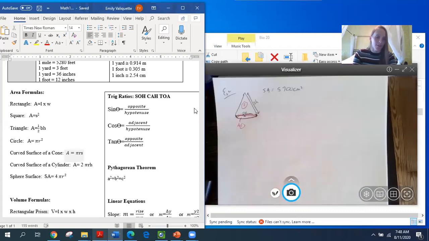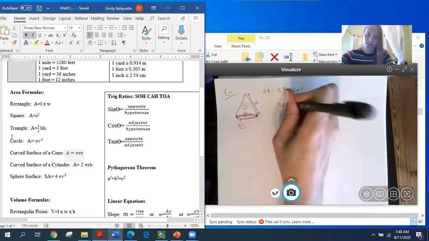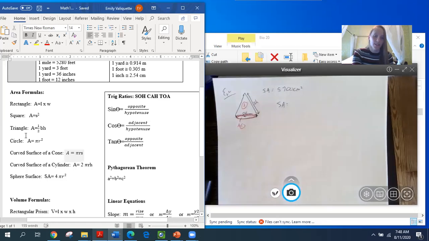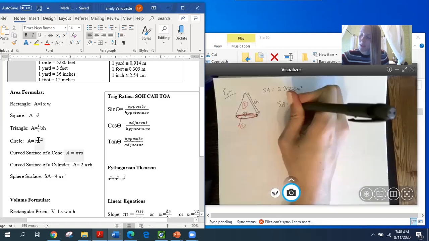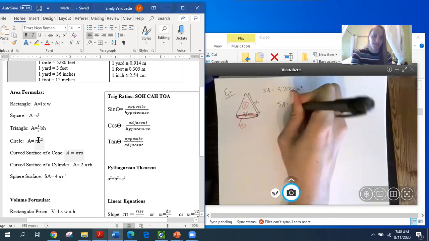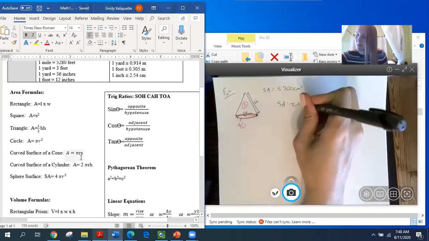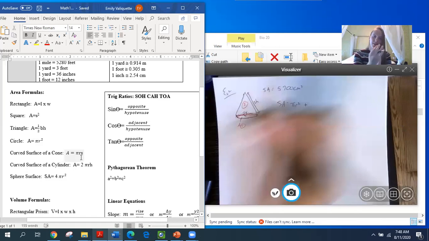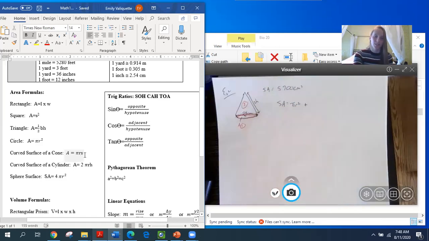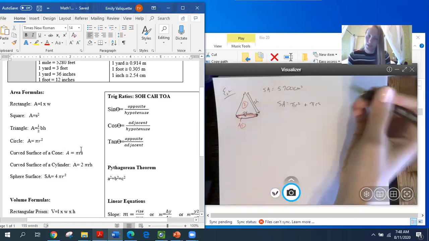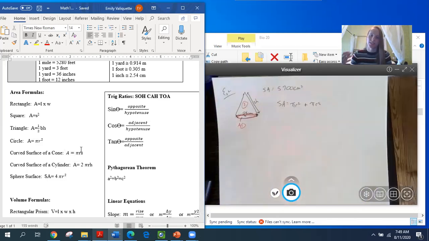So if I go over to my formulas over here, the whole surface area is going to be equal to the area of the bottom, so the area of that circle, which is pi r squared, and the area of the curved surface of a cone. So I'm also going to add the area of that curved surface, which is pi rs. In this case, the S standing for slant height.